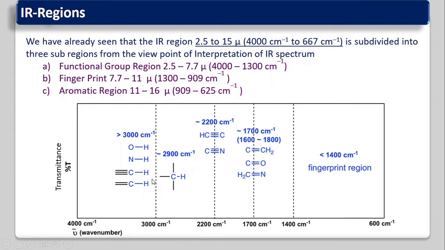If peaks are there, you can say that it may be OH, NH or CH. So from observing this classification of the spectrum and its subdivisions, the interpretation of the IR spectrum will be easier.